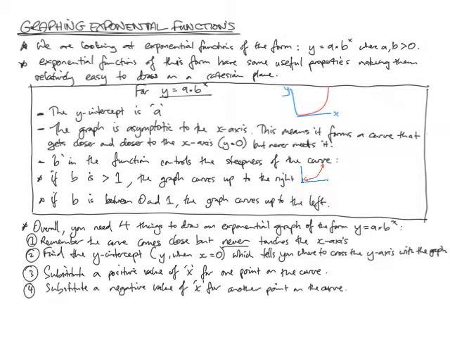If b is between 0 and 1, however, the graph curves up and to the left. So in that case, when b is between 0 and 1 instead, it actually curves up like that.